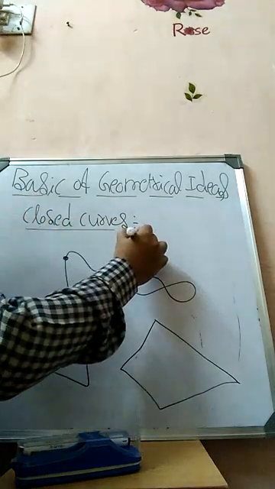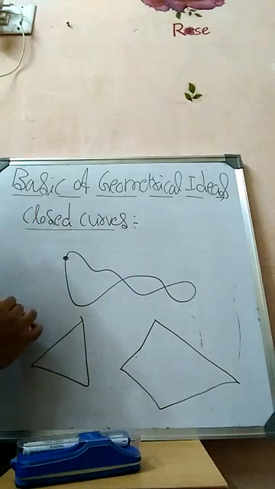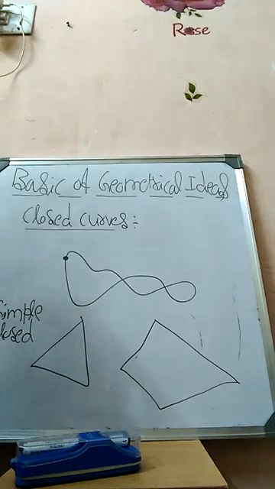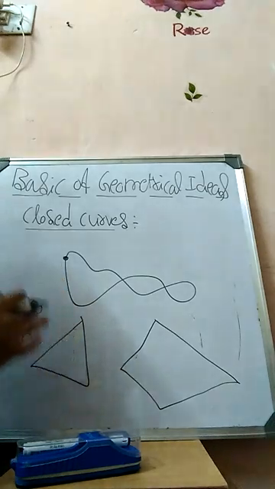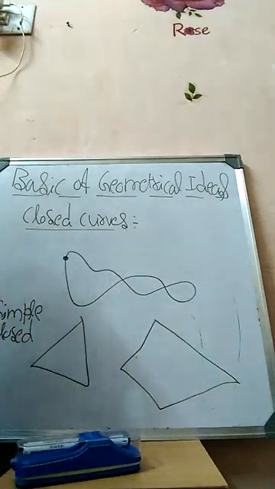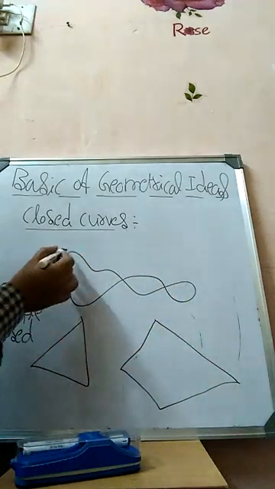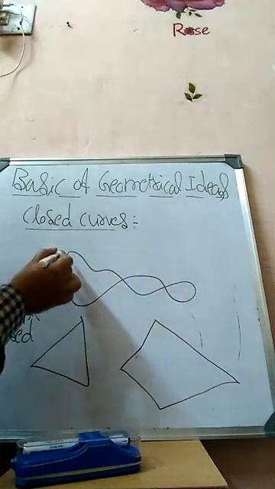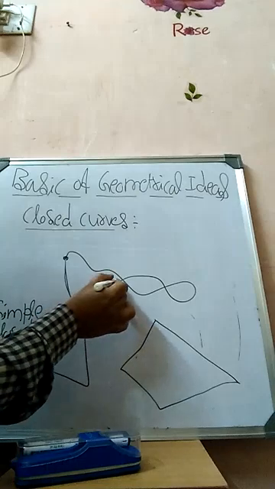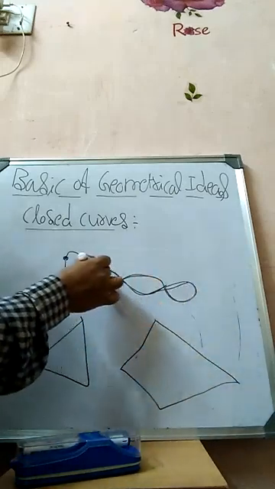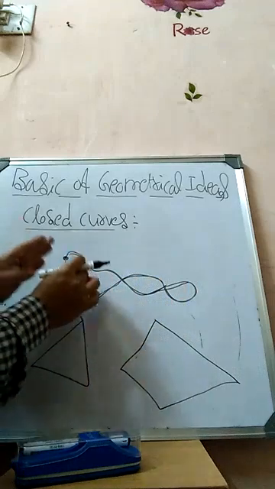Simple closed curves. If a closed curve does not cross itself, that means here in this one, this curve is crossing this figure. Look, it started and it is crossing here. So it is only a closed curve.